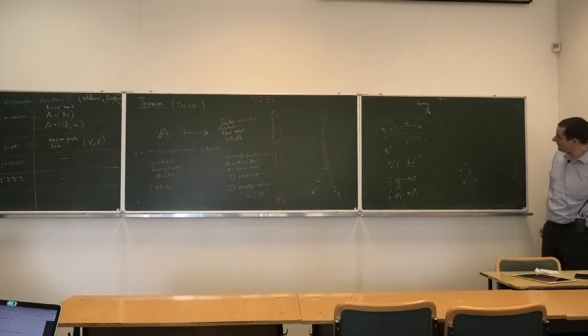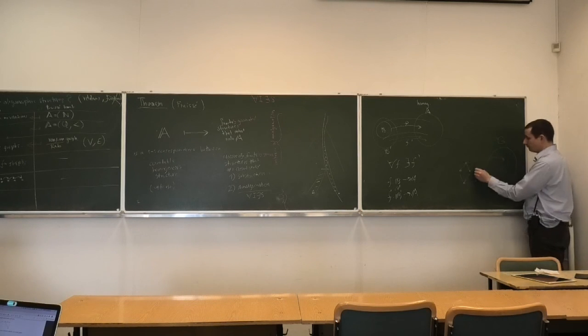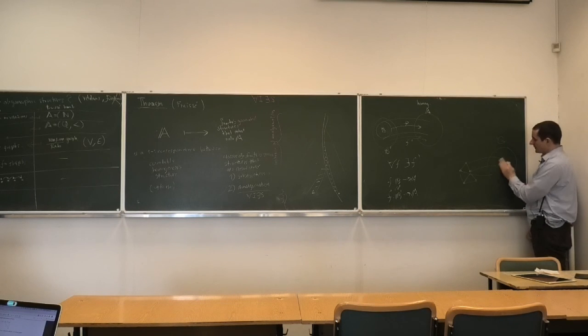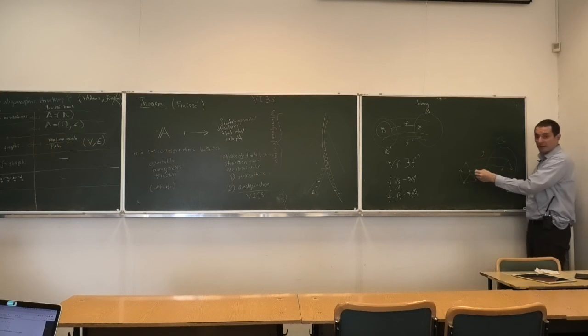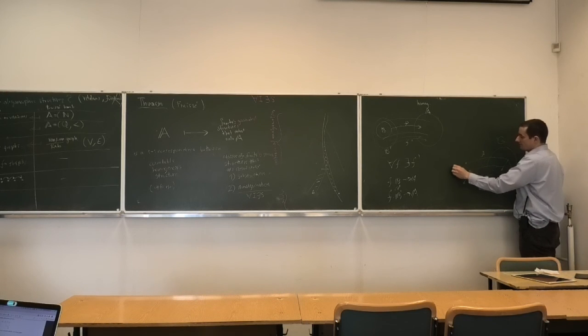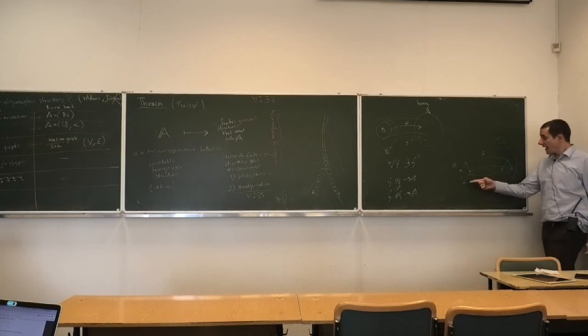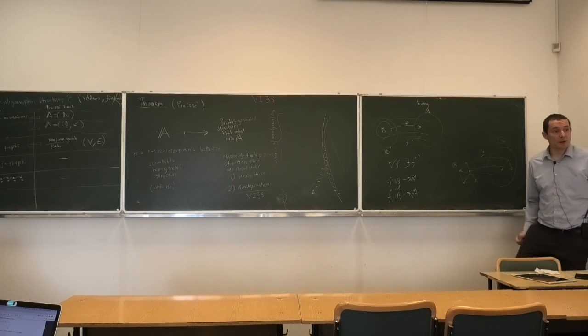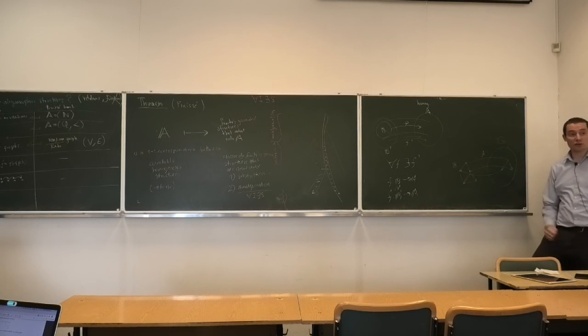And imagine I have an embedding F of this green part. This is B. Can I extend it to an embedding of the bigger part, assuming this is a randomly chosen graph?